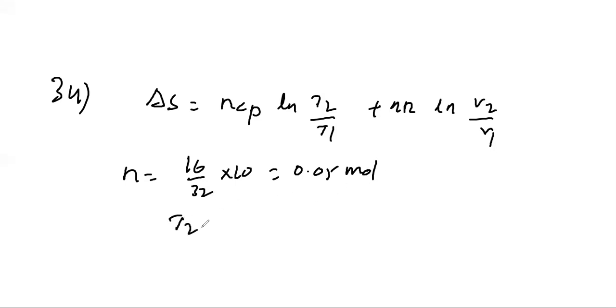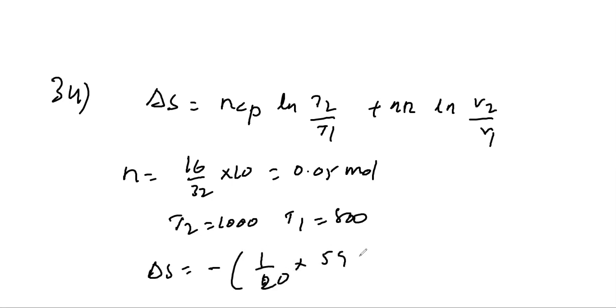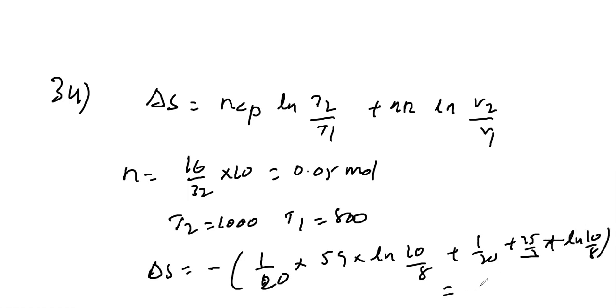T2 is 1000, T1 is 800. So delta S is equal to minus 1 by 20 into 59 into natural logarithm of 10 by 8 plus 1 by 20 plus 25 by 3 plus ln 10 by 8. That is equal to minus 0.7375.